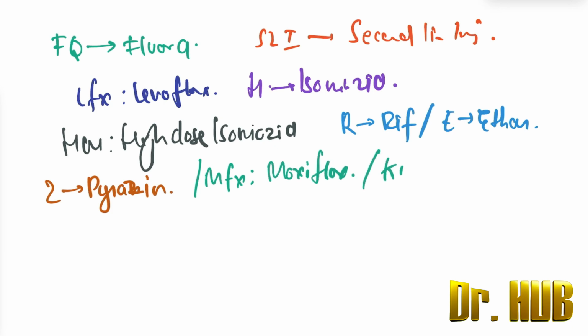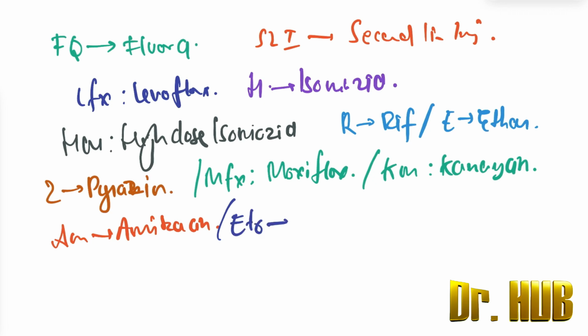MFX is moxifloxacin. KM is for kanamycin. AM is for amikacin. ETO is for ethionamide.